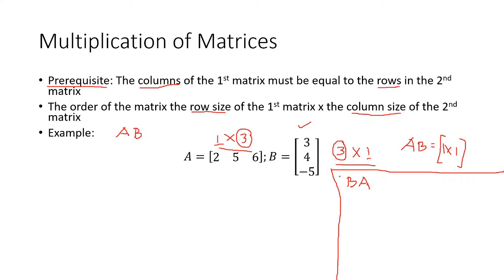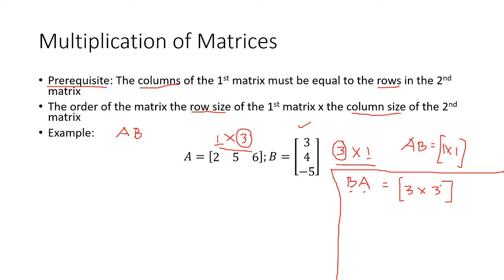So, confirm na. And then the order of this is 3 by 3 matrix. So di ba, ang order is the row size of the first matrix. So the first matrix is now B instead of A. So kani row. So 3. So 3 by the column size of the second matrix which is A now.